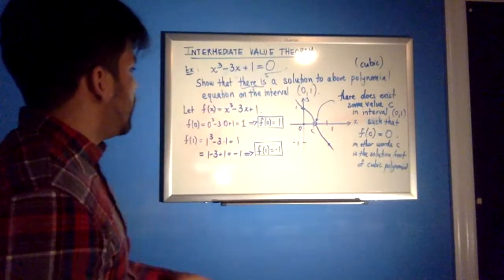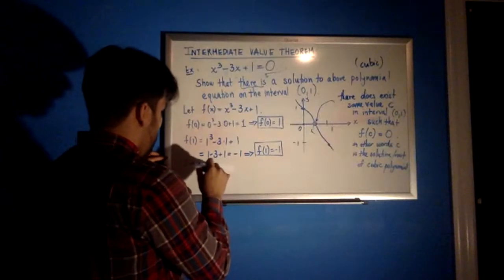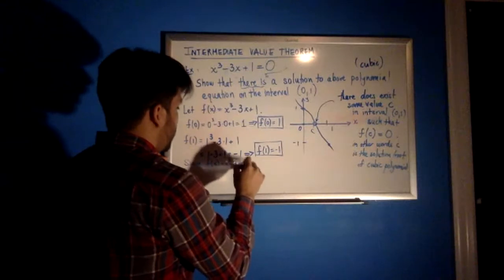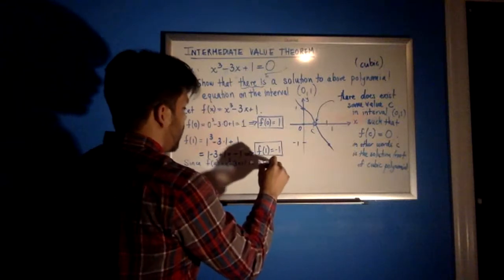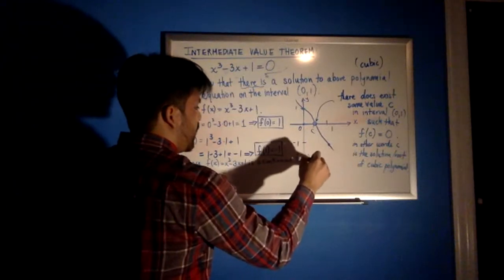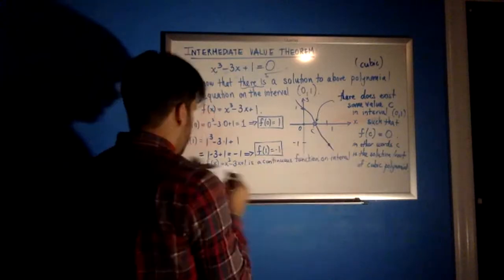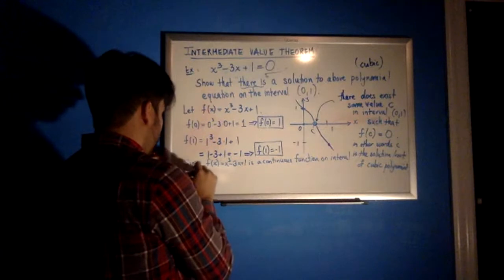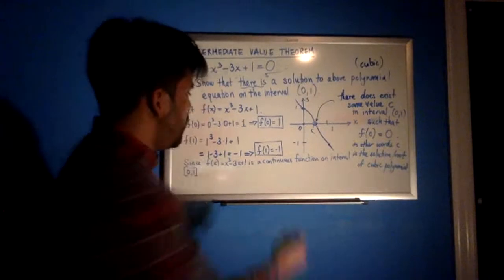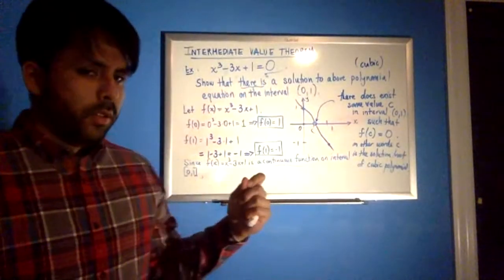That's the idea. So we would say, since f of x equals x cubed minus 3x plus 1 is a continuous function on the closed interval 0, comma 1, so since my function is continuous on this interval, that's the first requirement.